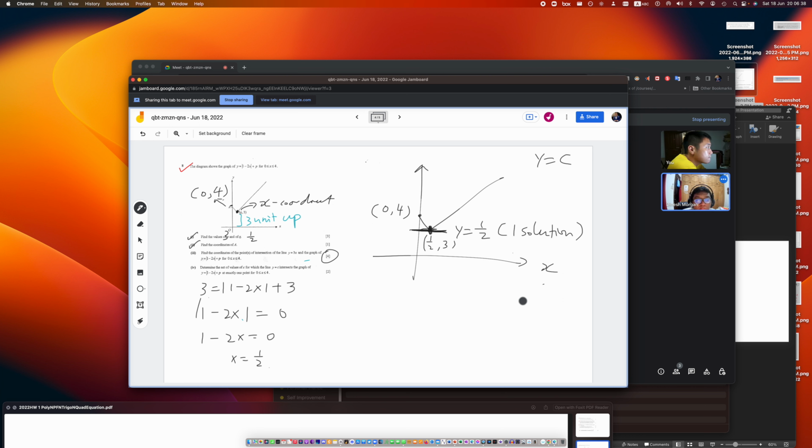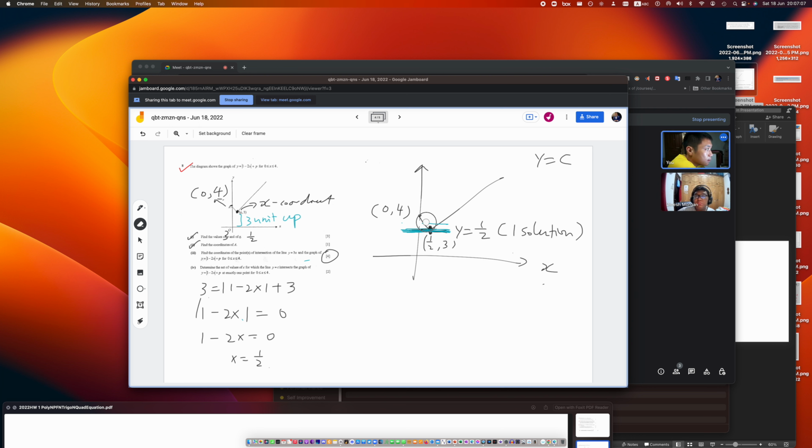Now if you move up a little bit, what about here? How many solutions do you have? 2. So they want at least one, right? So anything above y equals... you understand me? Yeah. Meaning in between, actually in between.